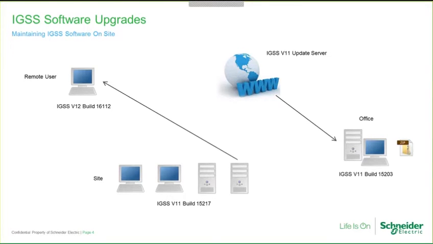In version 12, we changed this completely. We still have the update server, but when you download the latest build, it's in the form of a zip file. So you can take this zip file, validate it in your office, then go to site with exactly the same version as you validated in the office, and update from that zip file. The other change is that you can have your own private update server on site, so you can assign one of the IGSS servers to be your update server.